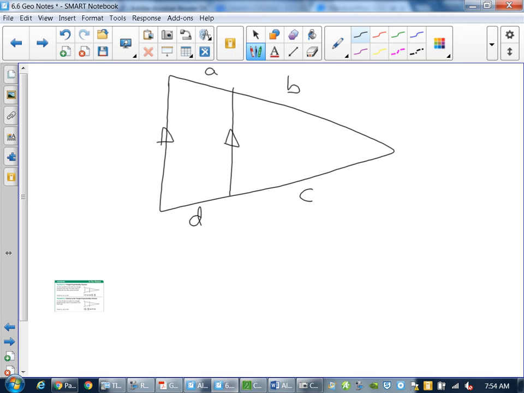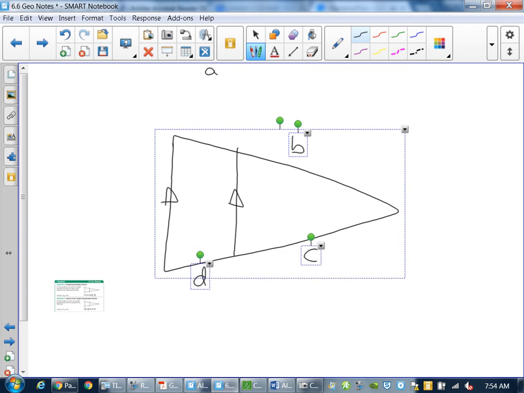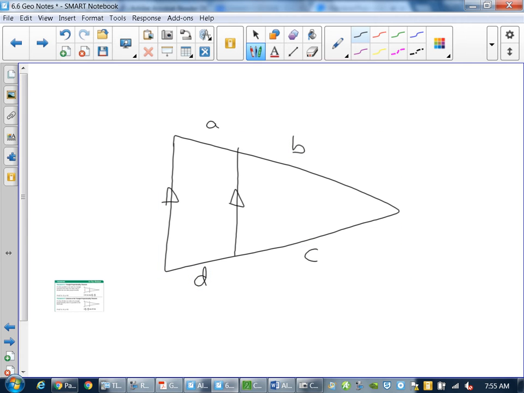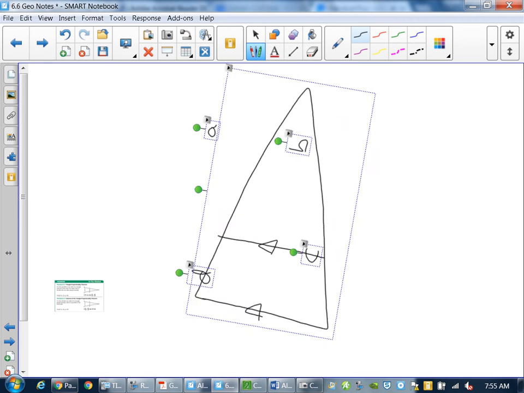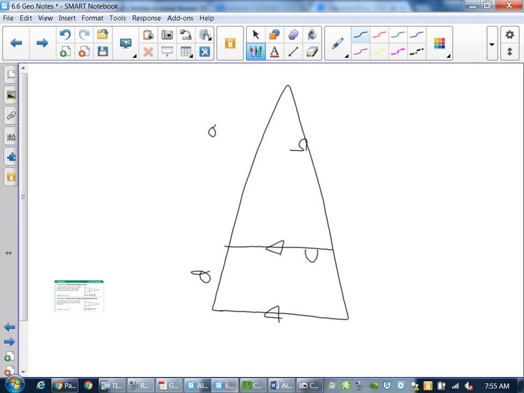It creates a fraction. So what I want you guys to do when you see something like this, where you have two parts that are parallel within a triangle, turn it sideways. If you turn it sideways, what was this, A, B?